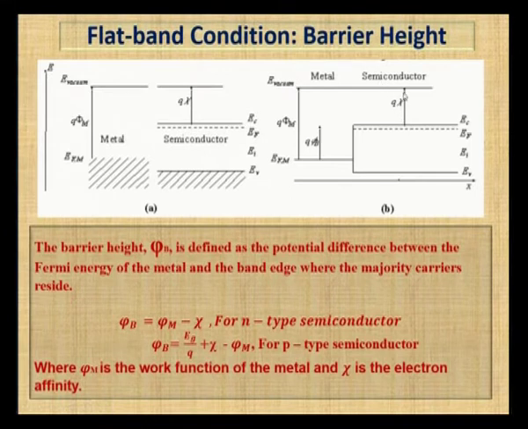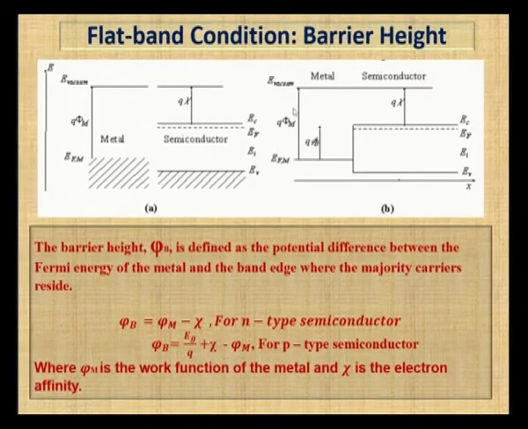This phi b minus chi indicates the barrier height of an n type semiconductor, whereas the barrier height of a p type is Eg, that is the energy gap, divided by q, the charge, plus chi minus phi m, the work function of the metal, for p type semiconductor. So, we come to know the barrier height of an n type material as well as a p type material. The phi m is the work function and chi is the electron affinity.